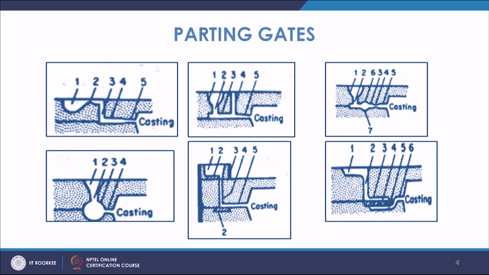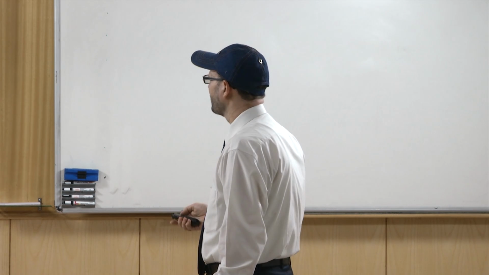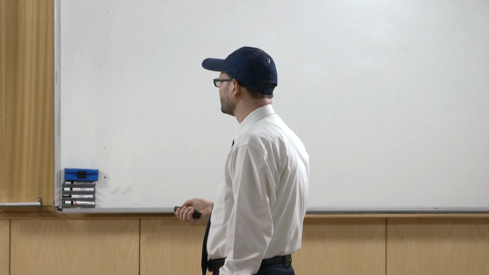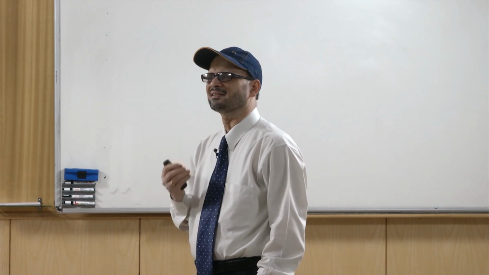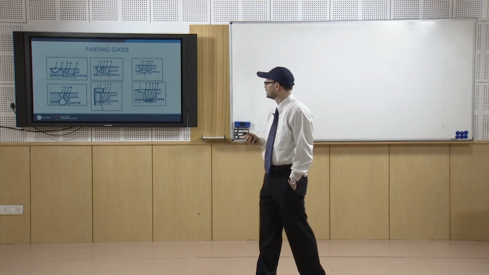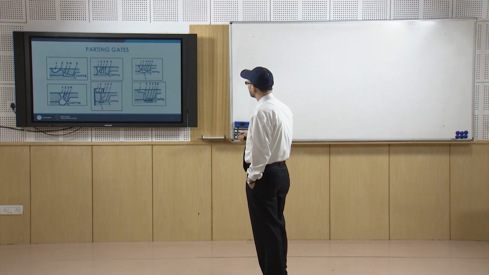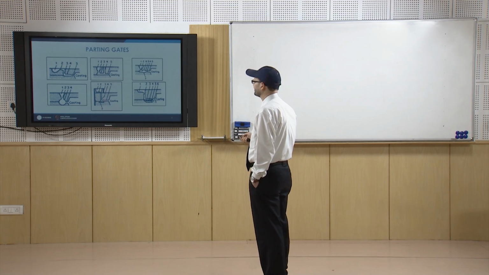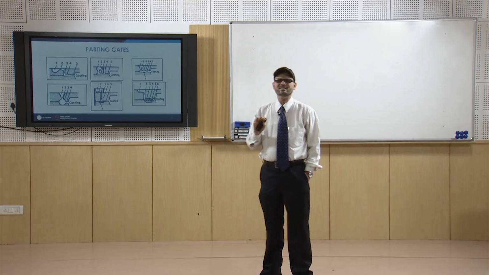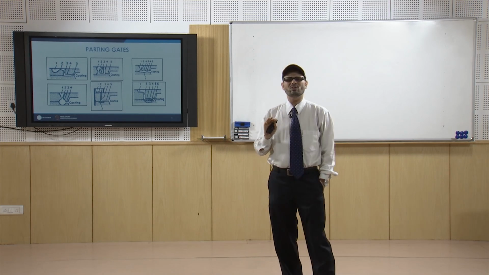So, you have a core insert here, as well as where it falls from the sprue, since the chances of erosion even in this portion are higher. In that case these core inserts try to prevent damage to the mold when the molten metal strikes from a height at a certain level. So, these are the different uses of the parting gate.